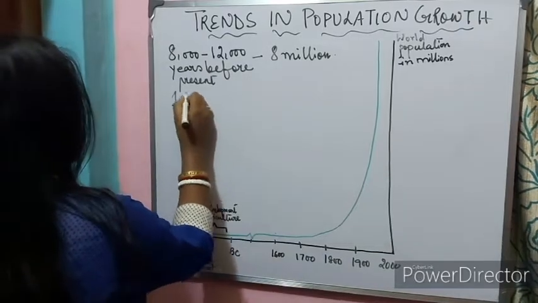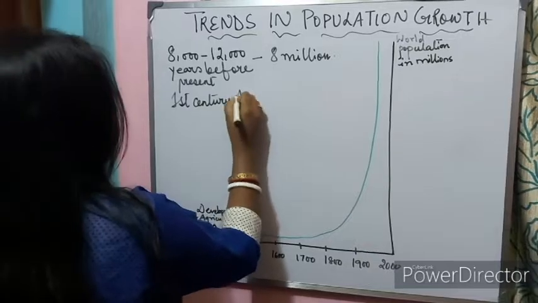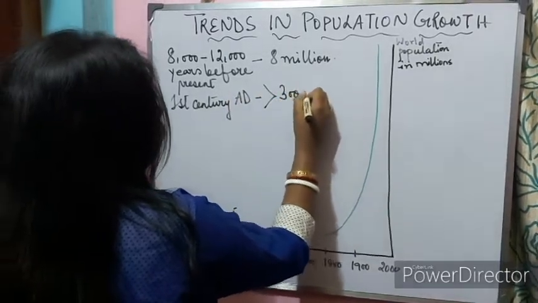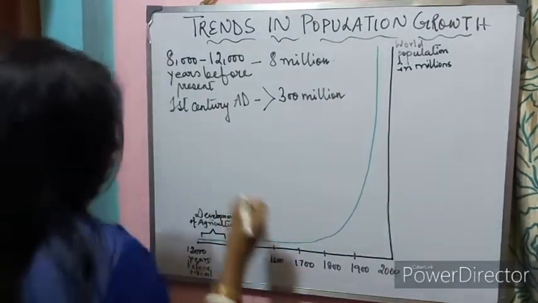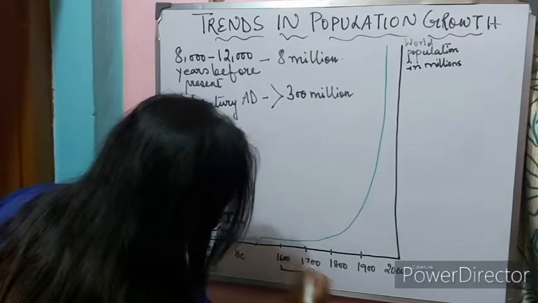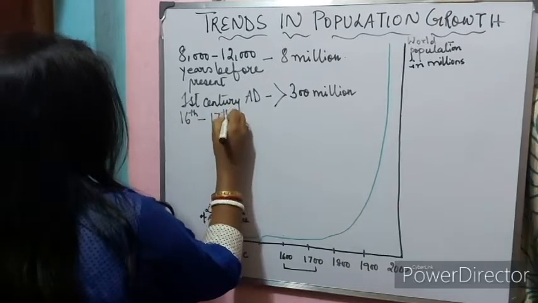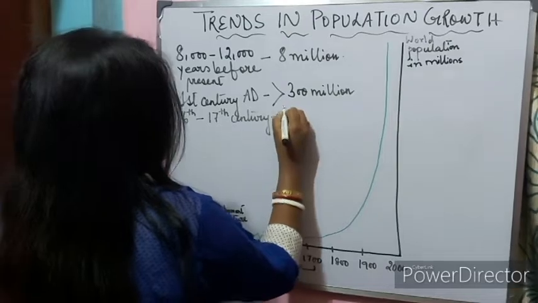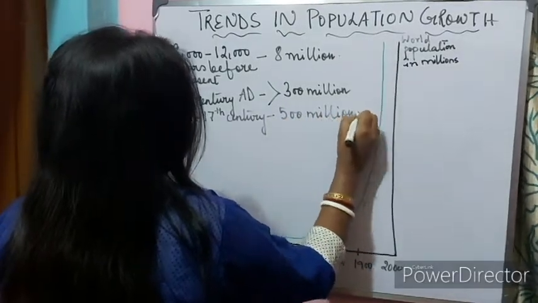In the 1st century AD, the population was less than 300 million. Within the 1600 to 1700 century, we will see the population has increased to 500 million.